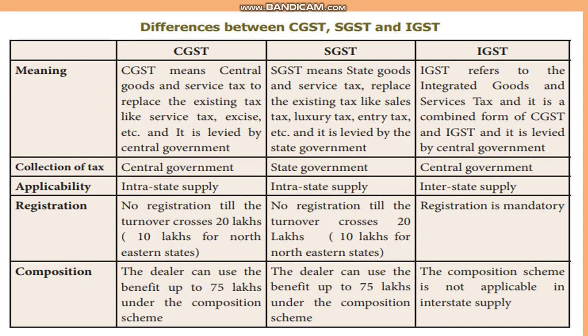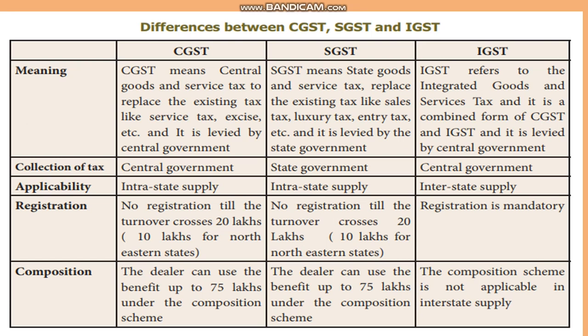Between the states it is IGST. Collection of tax: CGST and IGST are collected by the central government, whereas SGST is collected by the state government and UTGST by the union territory.